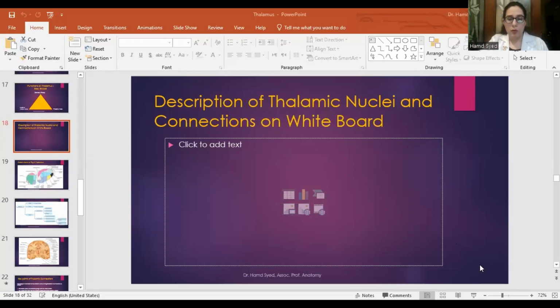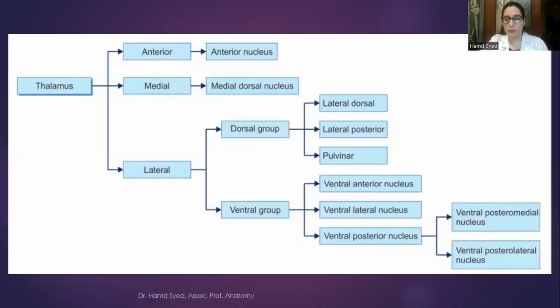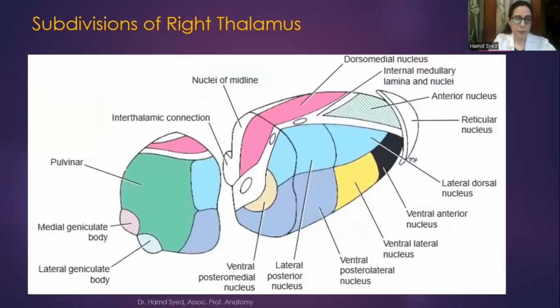Okay, so going back to our presentation, you can see over here we have these thalamic nuclei, the ones I just drew for you on the whiteboard. Now you can see it as a three-dimensional representation, the subdivisions of the thalamus. This here is the posterior aspect of the thalamus with the pulvinar and the geniculate bodies. And this here is the rest of the thalamus.